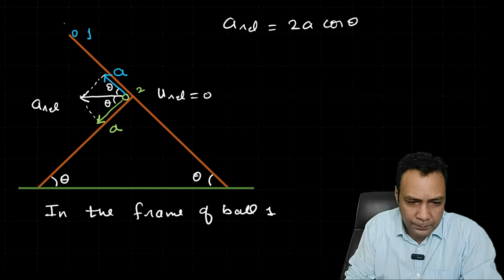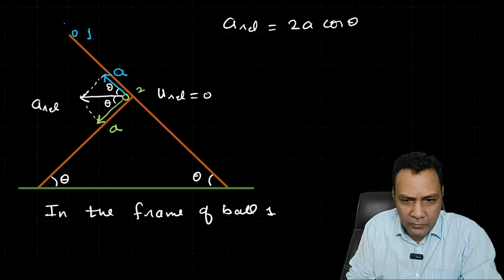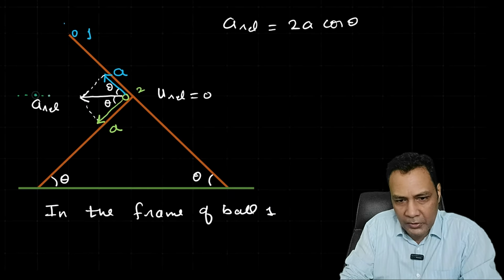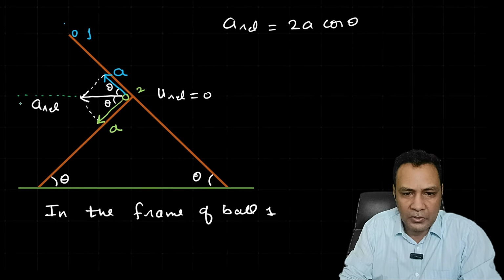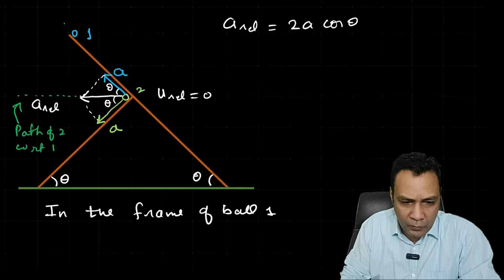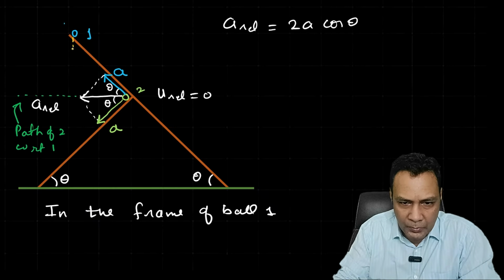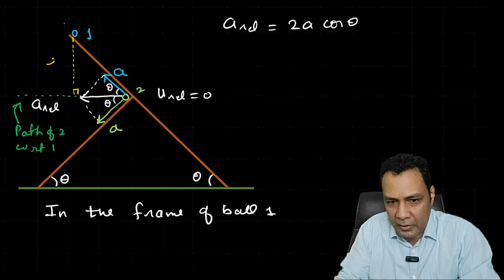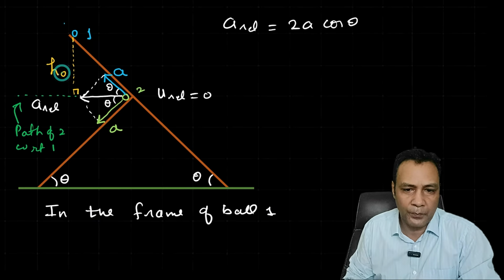So with respect to 1, the path of 2 would be a straight line along this direction. That is the path of 2 with respect to 1. So the minimum separation would be here. This is the minimum separation, and that I had assumed to be h naught.